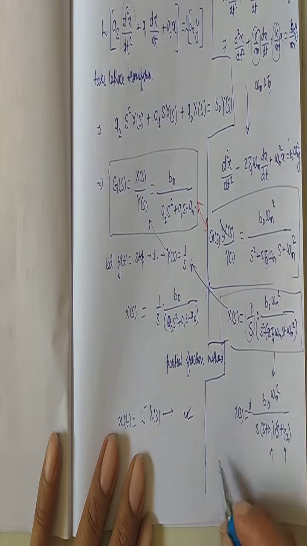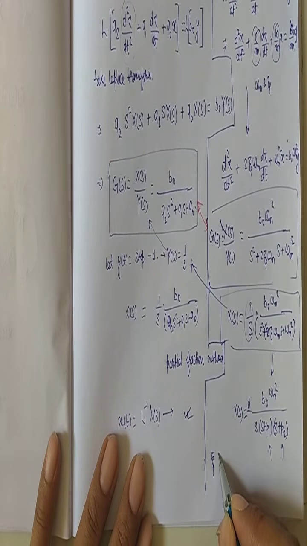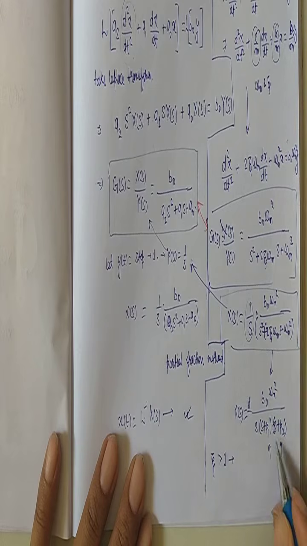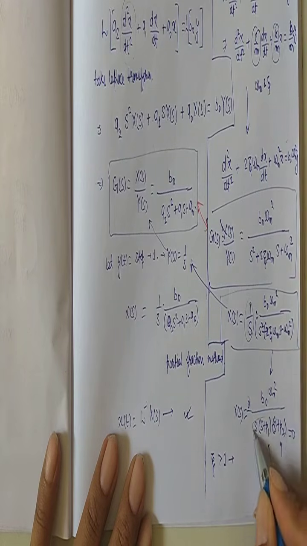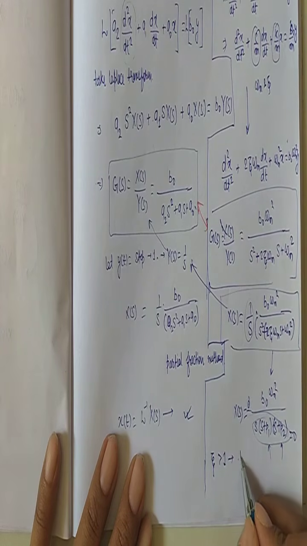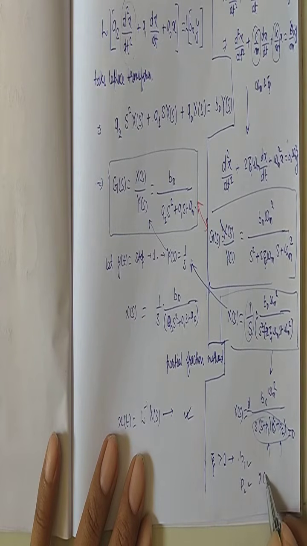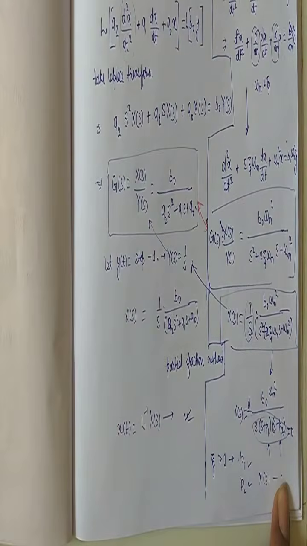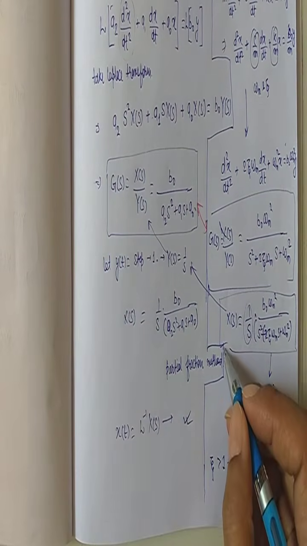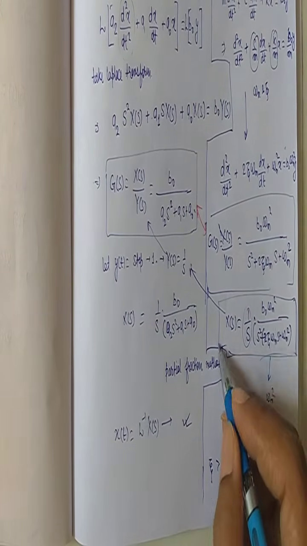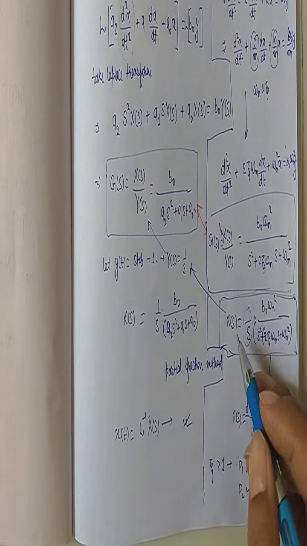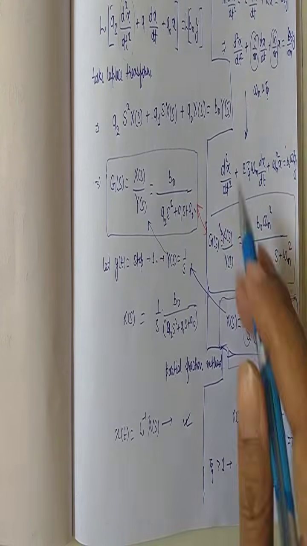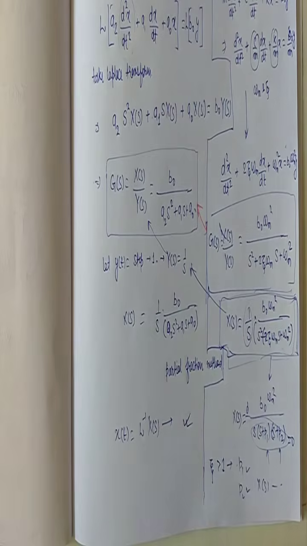If zeta is greater than 0, then you will have roots of the system, p1 and p2, in some form. You can write your Xs in the form of this. It's a bit of algebra, but so far we are able to get the response out of any sort of first order or second order system.